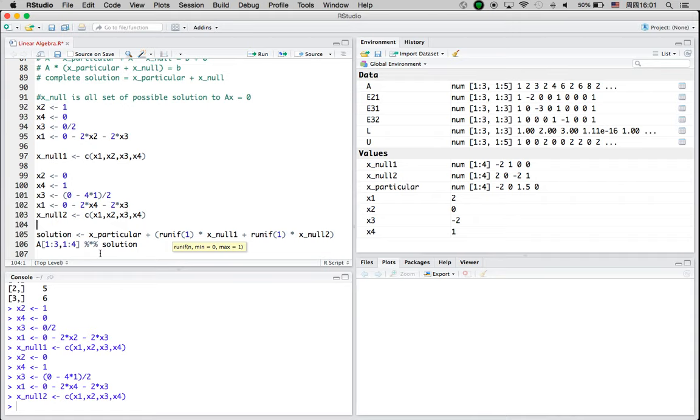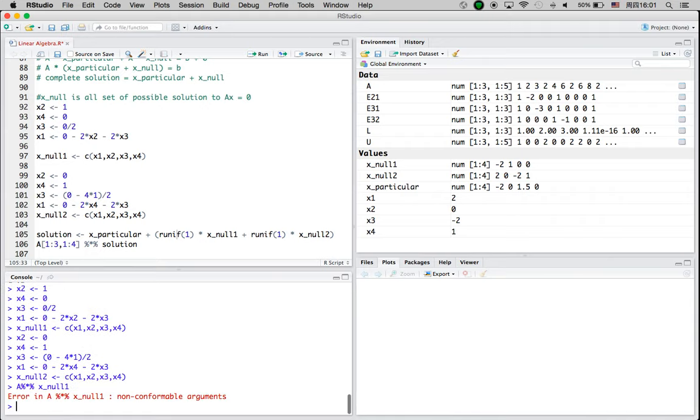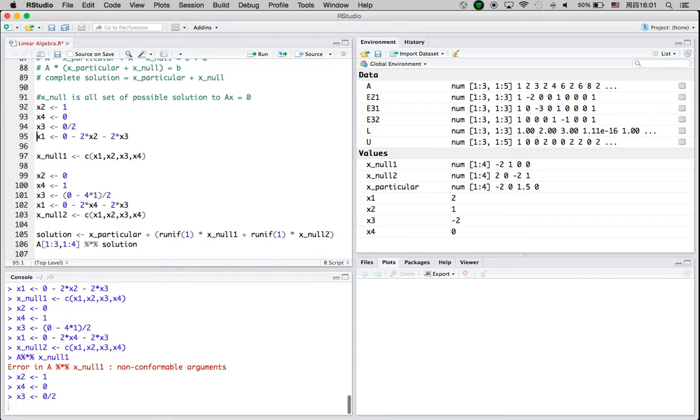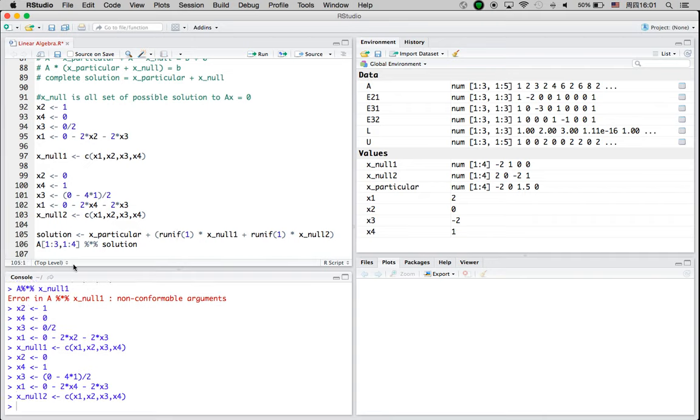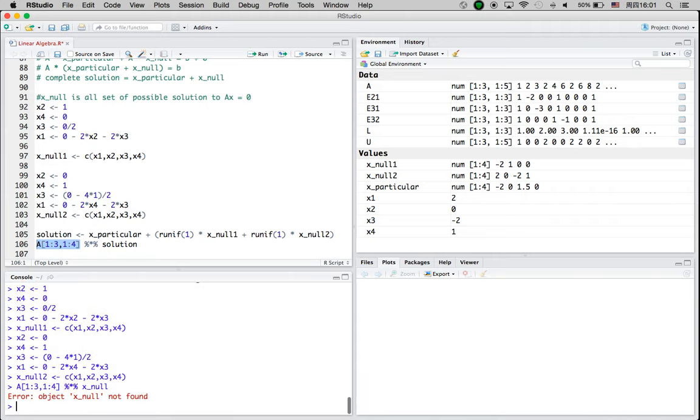We can also verify that by, for example, using A multiplied by x null 1. Let me store everything, and then use the coefficient only, since our A is an augmented matrix where we also include the constant term here.